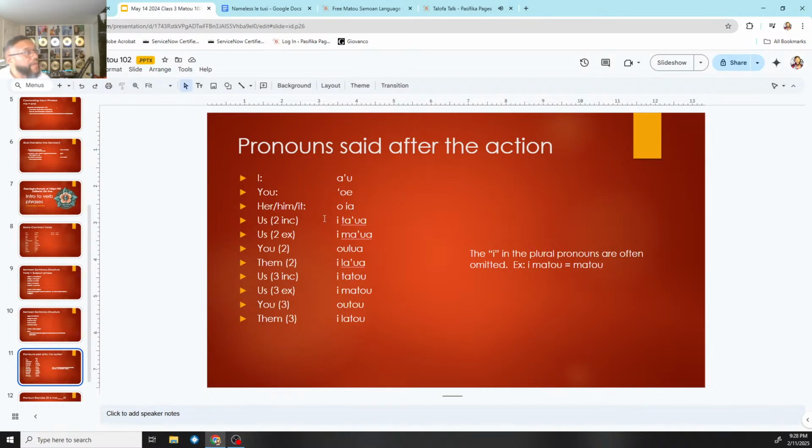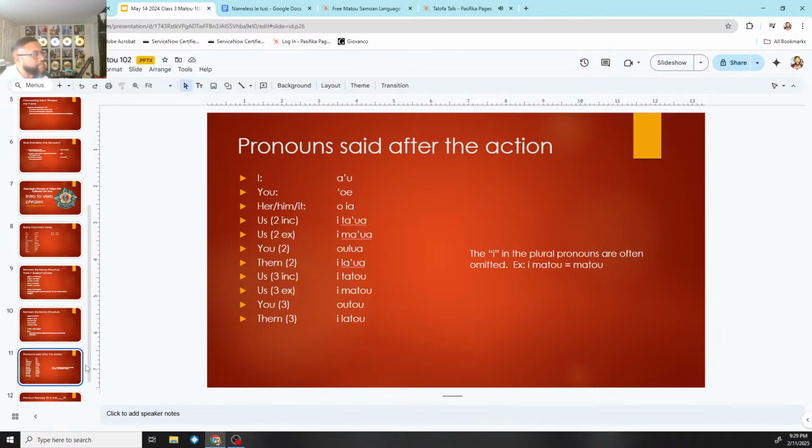But mato means us without them or us without you. And then oto is y'all, you guys, three or more people. And ilato is them, three or more people. A lot of times people will omit the I, like ila'ua, itato, imato, ilato.